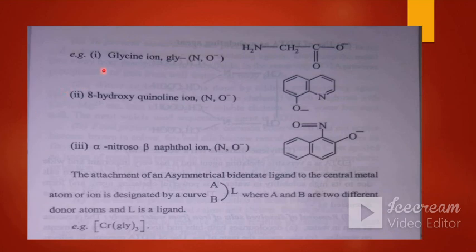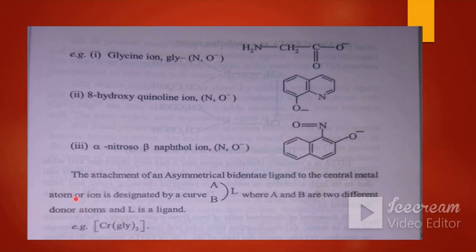For example, glycine, that is Gly, NO, and the structure is like this. Second, 8-hydroxyquinoline, NO minus, and the structure is like this. And third, alpha nitroso beta naphthol, that is NO minus, and the structure of alpha nitroso beta naphthol is like this.